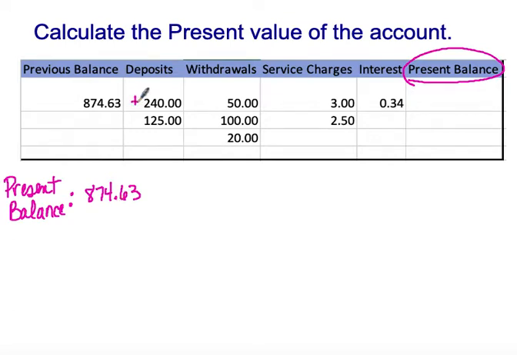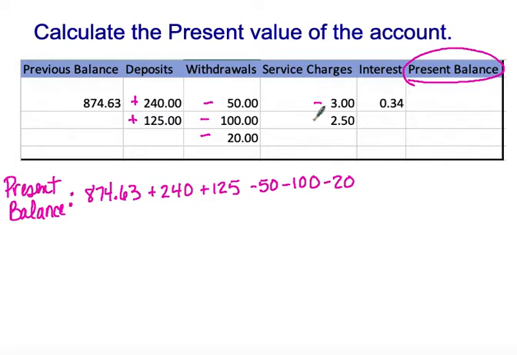We're going to add in all of our deposits. You can see that there were 2 deposits made into the account, and there were 3 withdrawals. So we're going to subtract each one of those individually, or you can add them together and subtract all at one time.